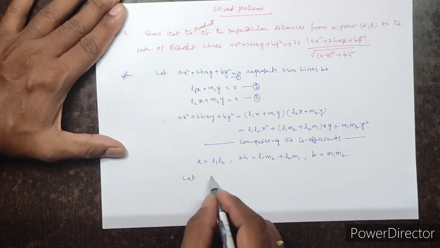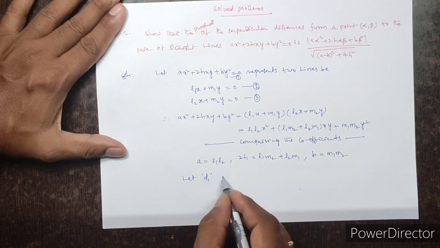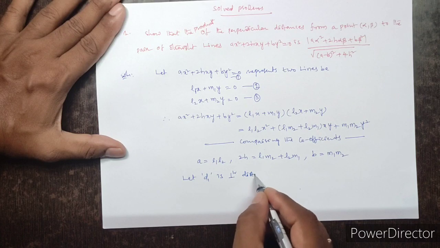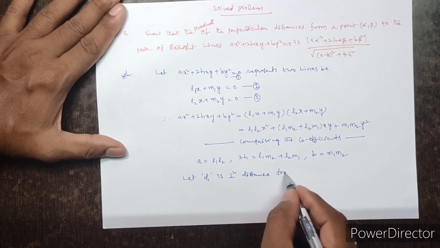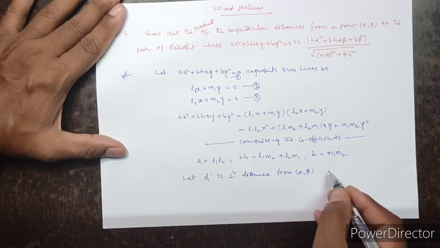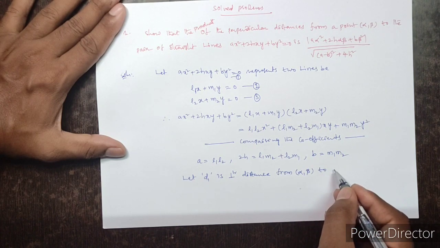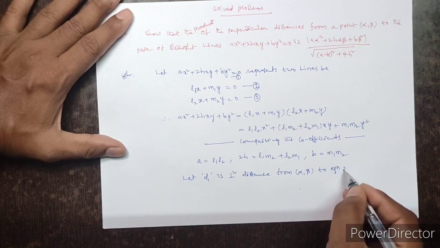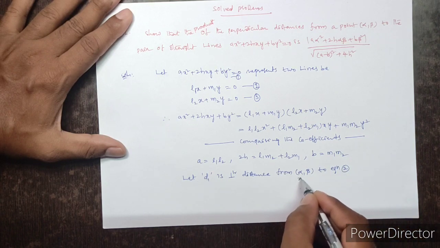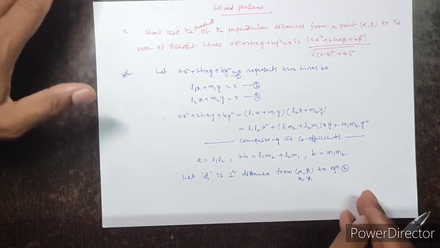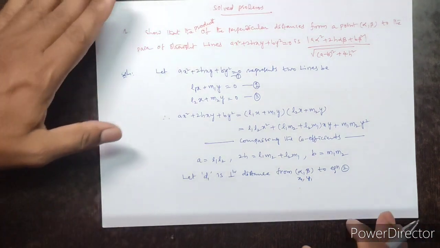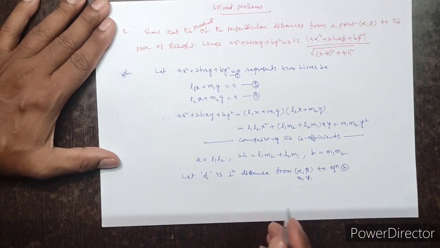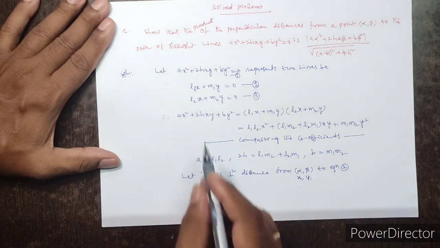Let d1 be the perpendicular distance from point alpha comma beta to equation 2, of course this is x1 comma y1. d1 is nothing but the perpendicular distance to one of the pair of lines.